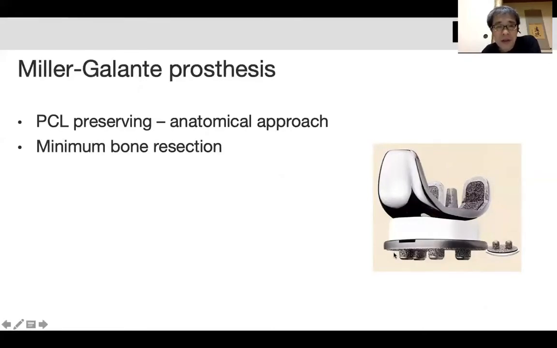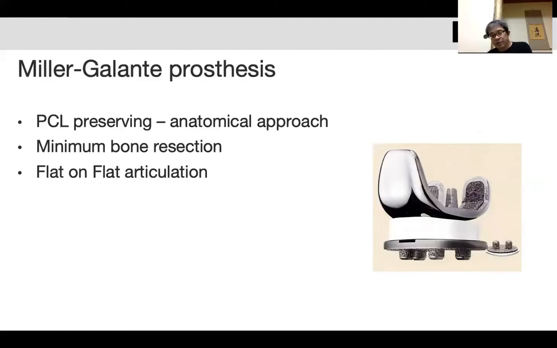It has an anatomical shape that minimizes bone resection and flattens the front articulation. That means there is no constraint between the prosthesis components, so the femoral component can freely move on the tibial polyethylene bearing.